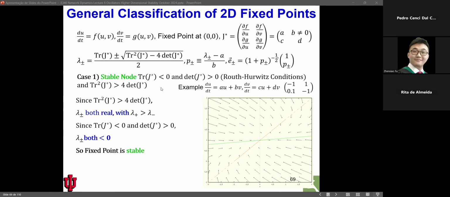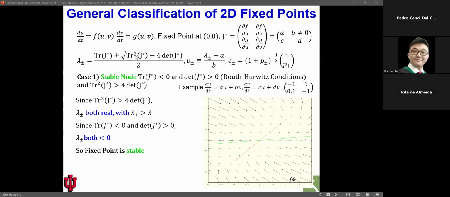For example, if I have something like this, it could be -1. This is the determinant, okay. And since the square of the trace is larger than 4 times the determinant, both are real, and lambda plus is larger than lambda minus.